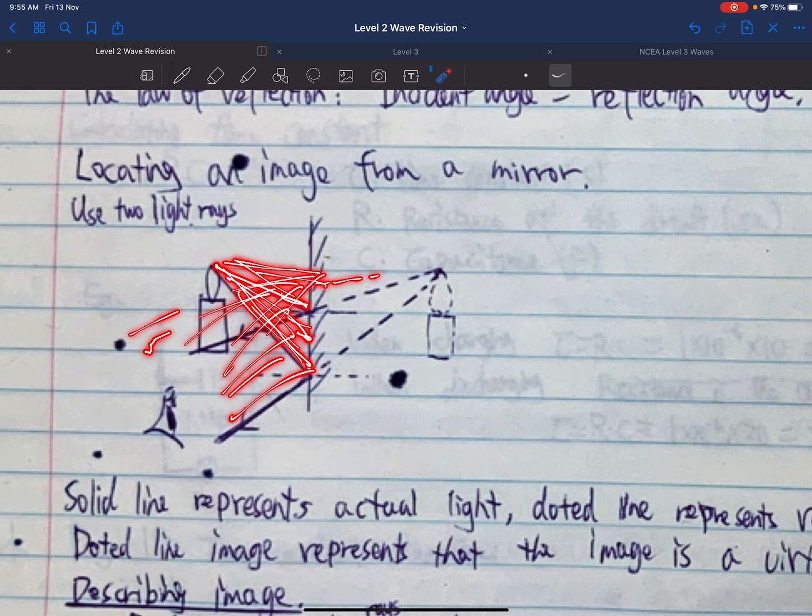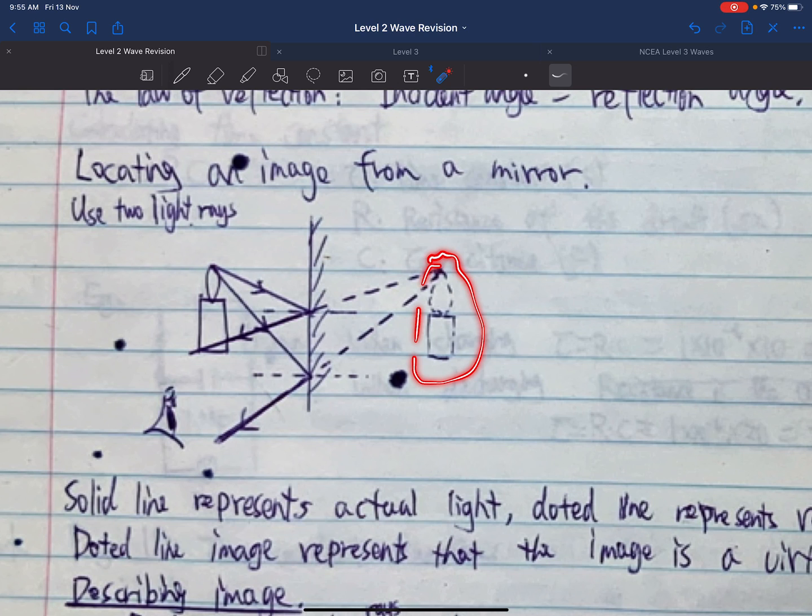However, when I trace all of them back, they will meet over this point as if coming from this point, right? So in that way, I see a virtual image over here because light rays do not actually come from here, right? And the characteristic of a virtual image is you cannot capture it on a screen. If I put a screen here, I can't capture it because it's actually behind the mirror.